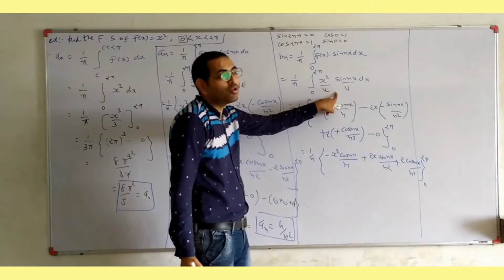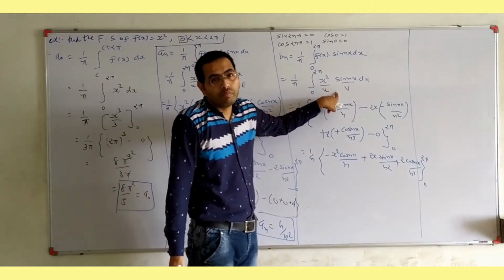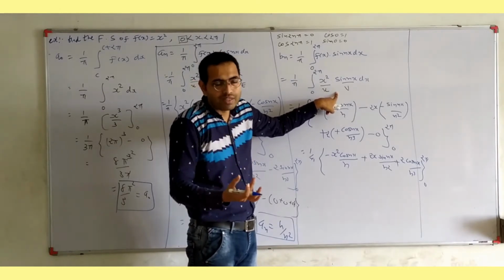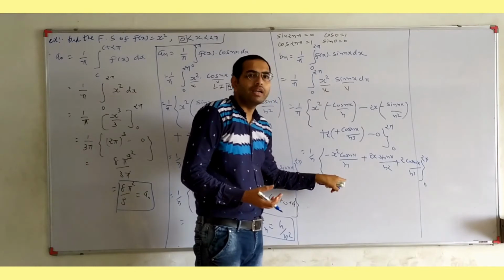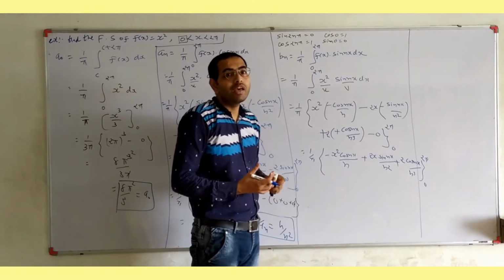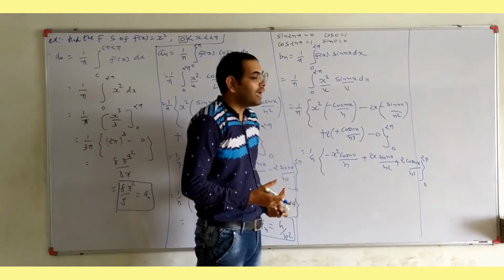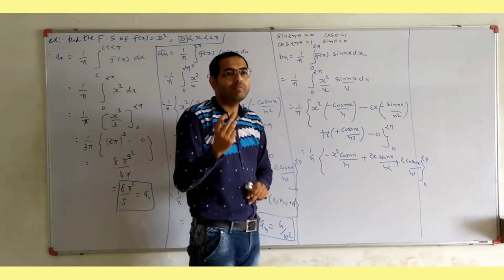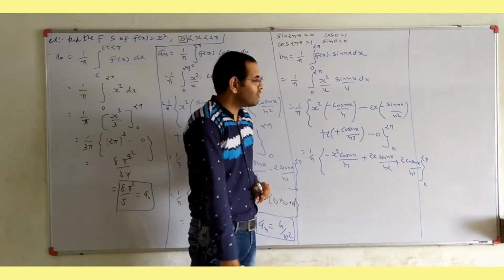You can also use integration by parts, but if we use integration by parts, the length of the example becomes very large and the maximum chance of mistakes can occur at that particular equation.